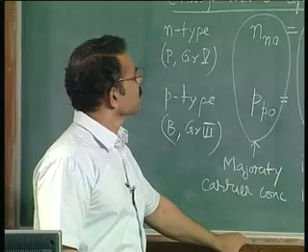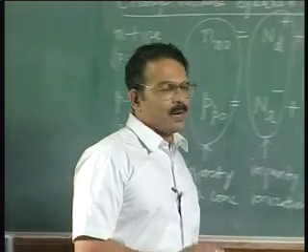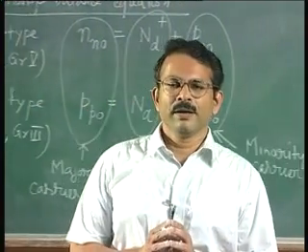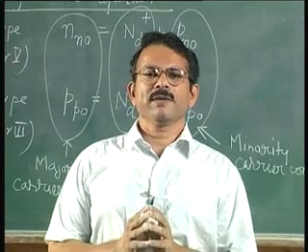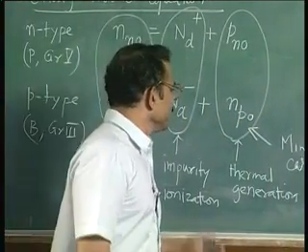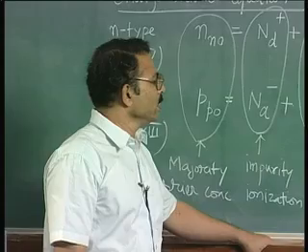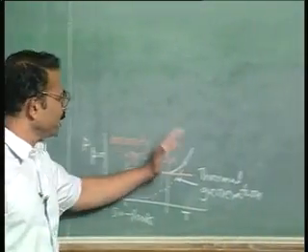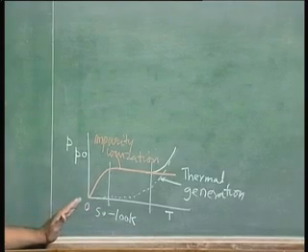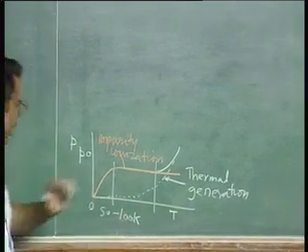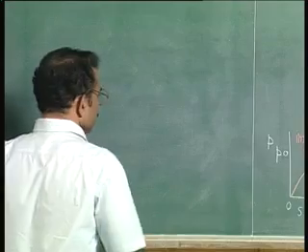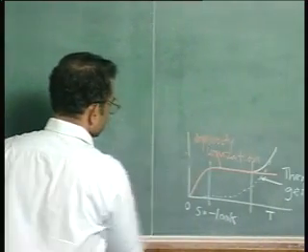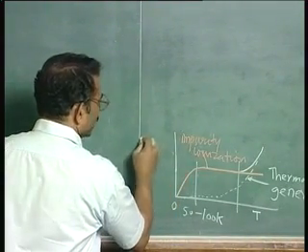Now with this we have come to the end of the bond model of extrinsic semiconductors. We can't derive any further information out of this model. As we have said, we have been able to explain this particular behavior of this majority carrier concentration. So in general we could write here majority carrier concentration.